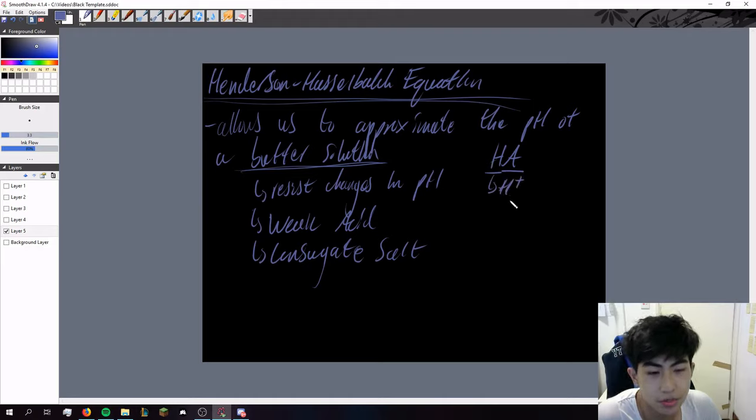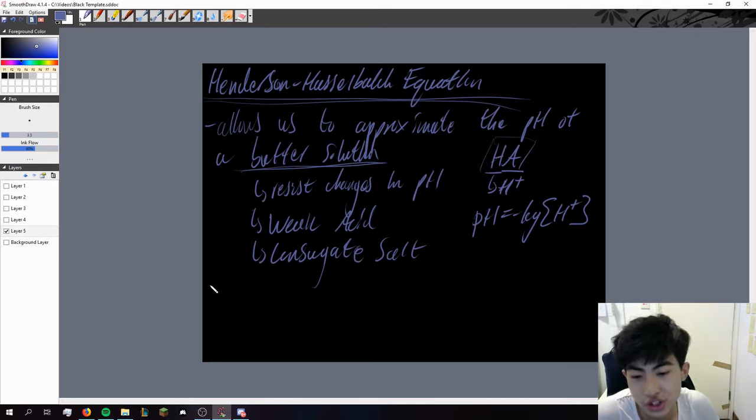This is important because we know the acidity is defined by the concentration of H plus ions within a solution, and that's why pH is the negative log of the concentration of H plus ions. Due to the nature of this negative logarithm, the more H plus ions you have, the lower the pH will be, and the more acidic your solution will be. So that's why we call HA our acid.